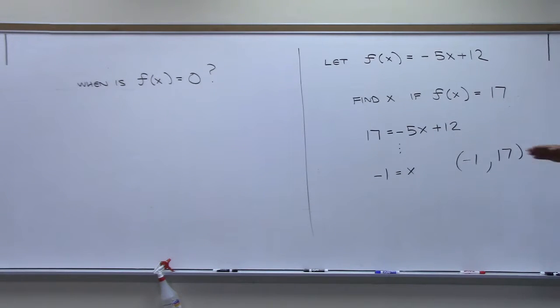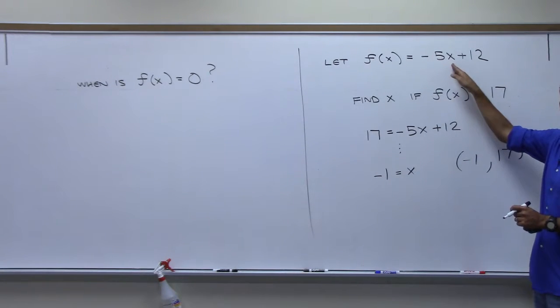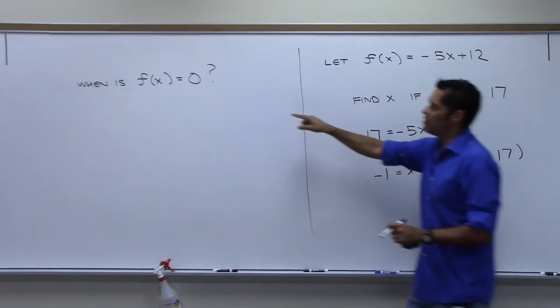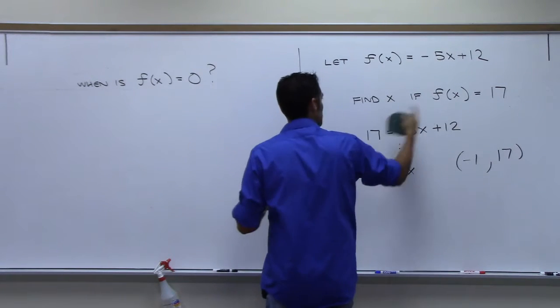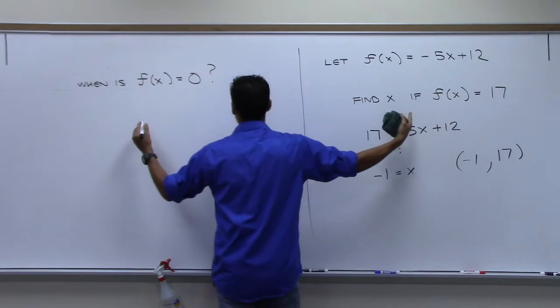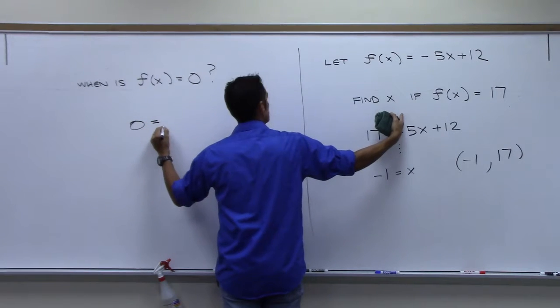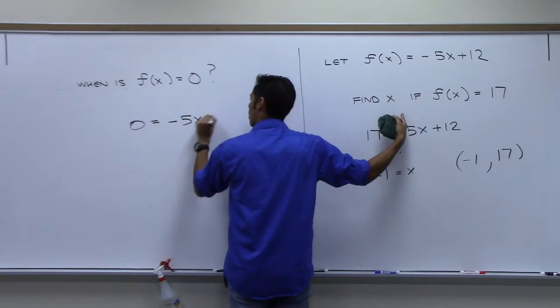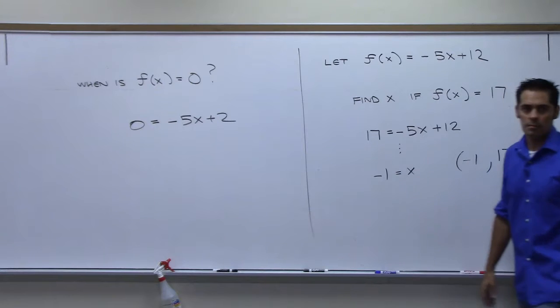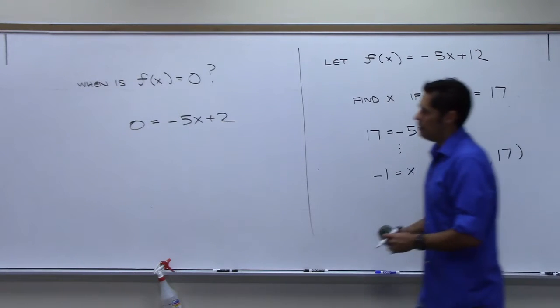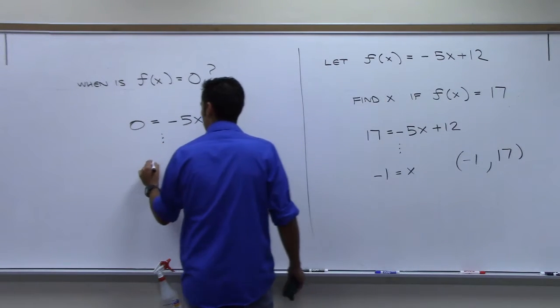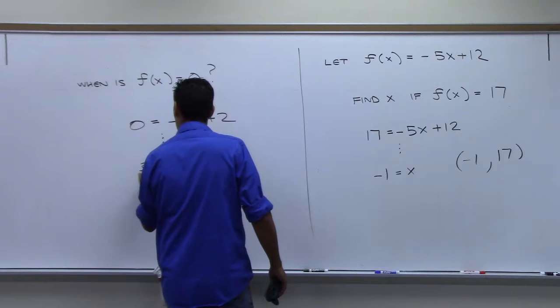Are you plugging 0 in for x? No. It says when is the function's value 0? So same thing we did here, except instead of 17, we put 0. And you're solving for x. And again, I'm going to let you work through that. This would come out to be 2/5.